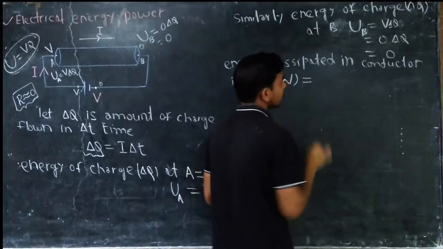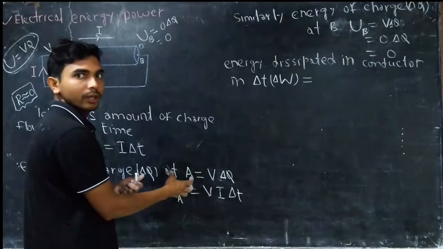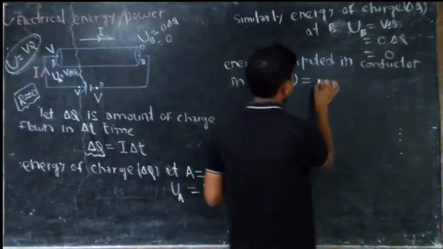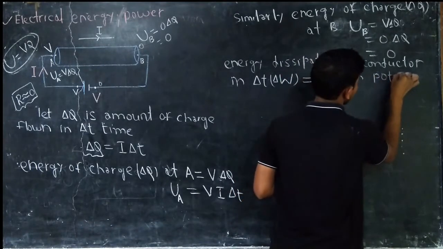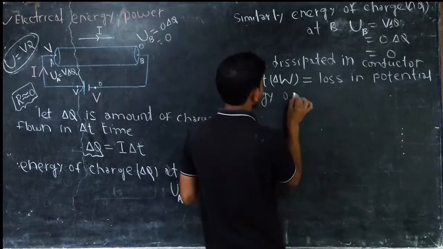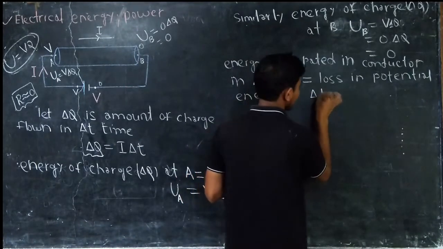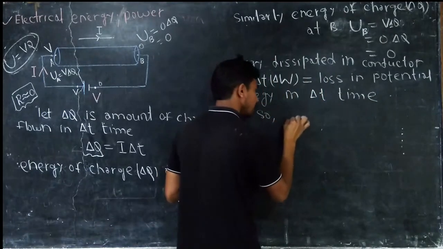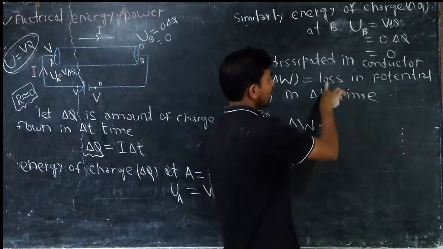And this energy will be equal to the loss of potential energy inside the conductor, the loss in potential energy in Δt time. So ΔW is equal to the loss in potential energy.